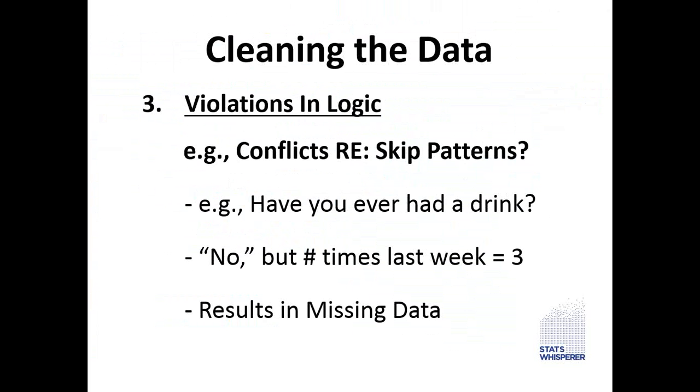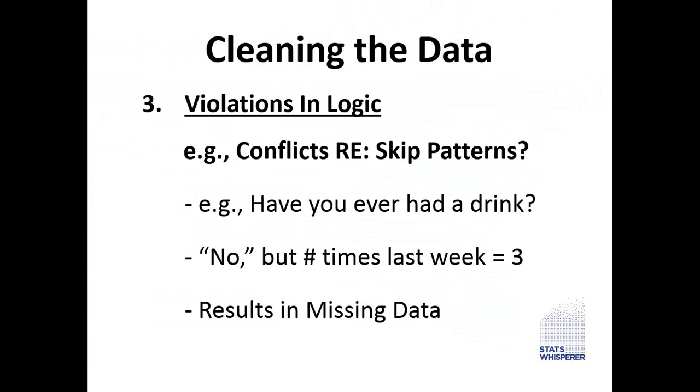Is it logical? Is it not logical? So for our conflicts within skip patterns, this is a little clearer. If the first part of the item says, have you ever had a drink? And the person says no, that's fine. But if the second part of the item is, how many drinks did you have last week?